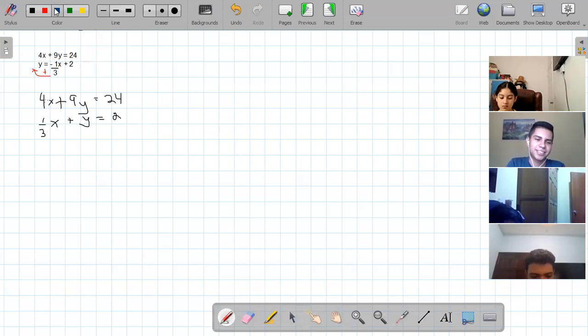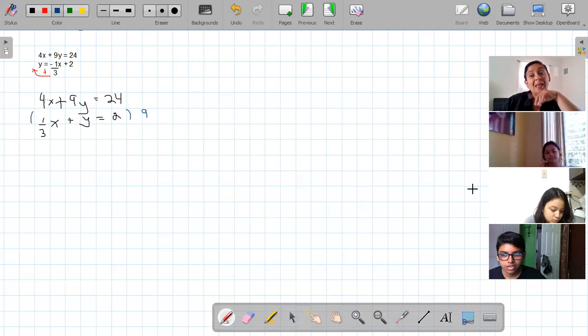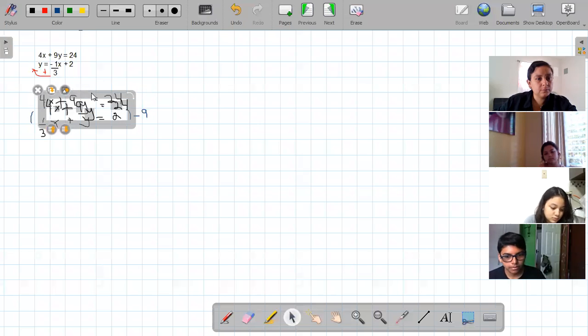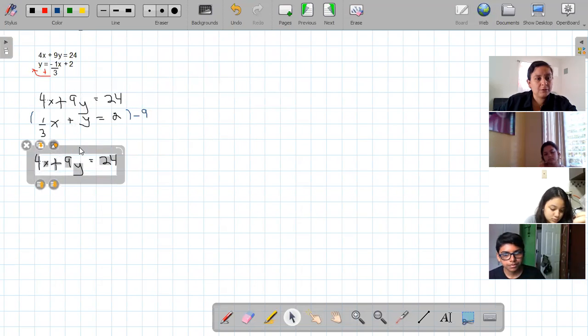Which one should I multiply by 9, the first one or the second one? The second one. Okay, I multiplied by 9. Are you sure? By -9, because I needed to have different signs. Very good. So I'm going to copy the first one just as it is, down here.